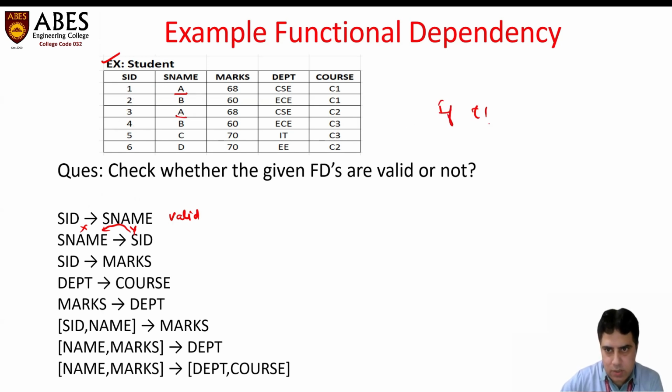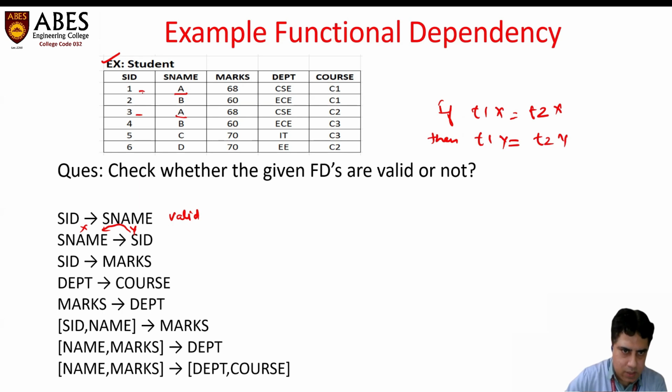The formula is: if tuple 1 X equals tuple 2 X, then tuple 1 Y must equal tuple 2 Y. But this is not same. This is not equal. So this is invalid, or we can say not a valid functional dependency.